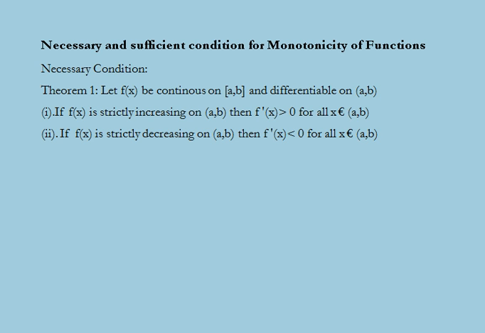Now if f(x) is strictly increasing on interval (a, b), then the derivative of the function f(x), which is represented as f'(x), is greater than 0 for all x belonging to interval (a, b). And if f(x) is strictly decreasing on interval (a, b), then the derivative f'(x) is less than 0 for all x belonging to interval (a, b).